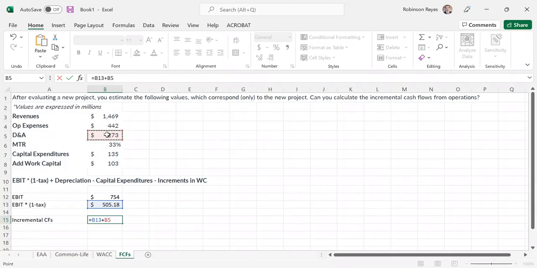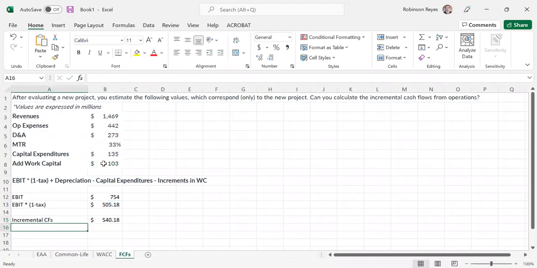So we add it back, and then we subtract capital expenditures. That's easy to understand. And as I have mentioned, we subtract increments or additional working capital. And there we go. So we have the calculation of these incremental cash flows.